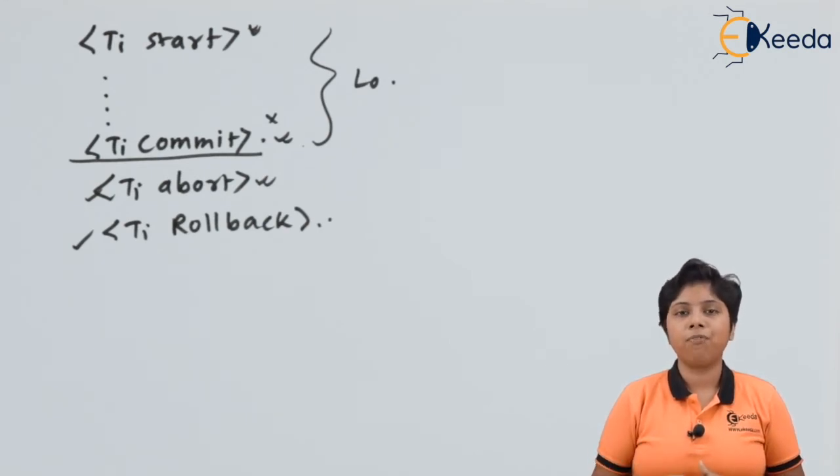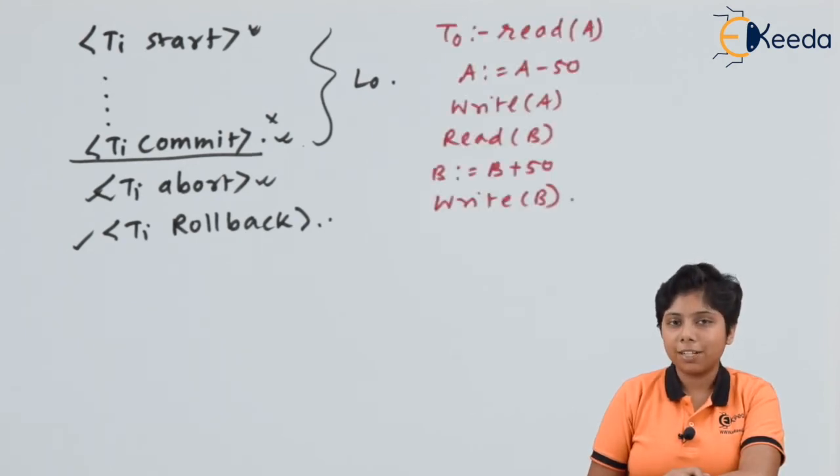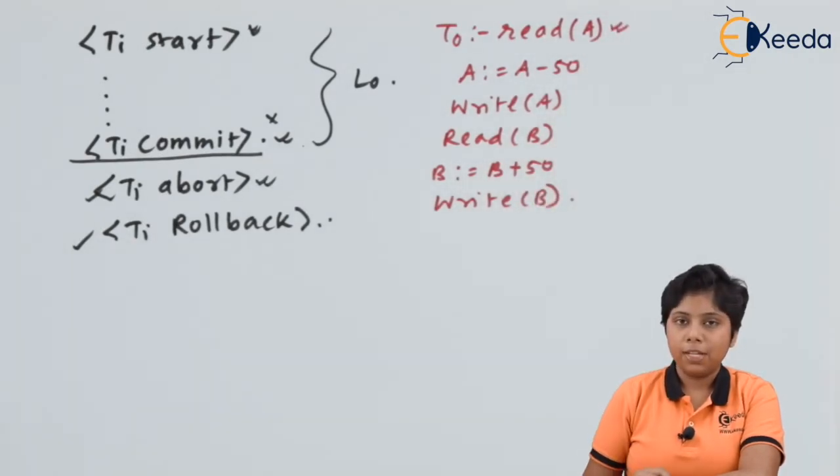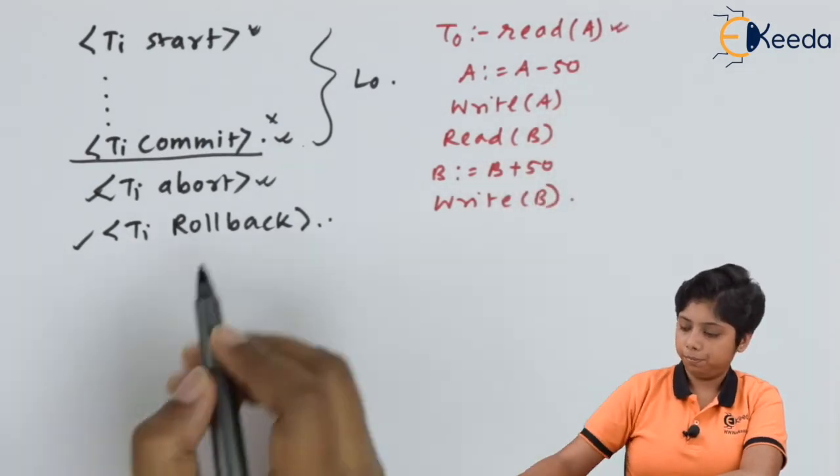Now let us first define the functions on the transaction. In our transaction T0, we first read the value of A. Say it is 1000.